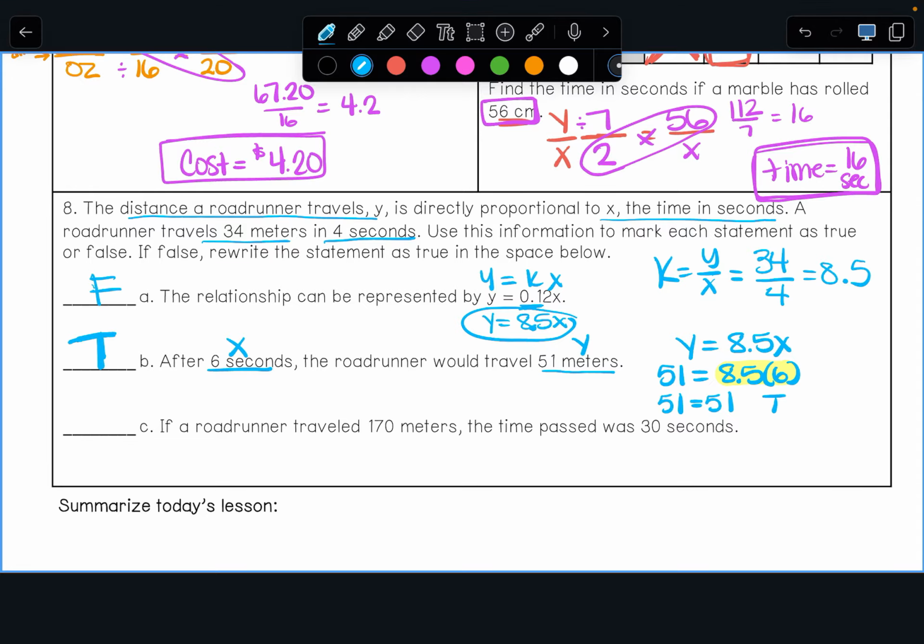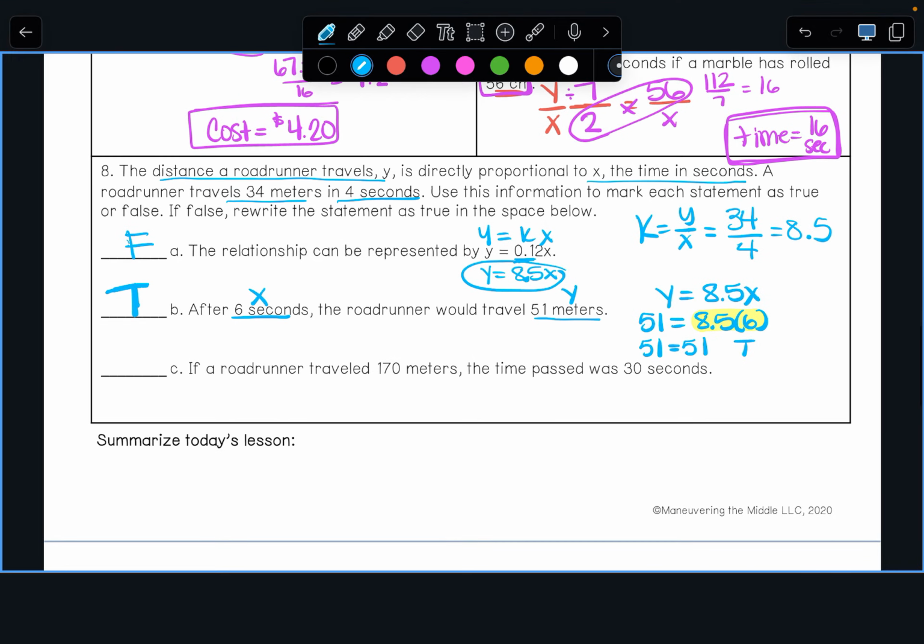If a Roadrunner traveled 170 centimeters, the time passed was 30 seconds. Well, meters is a y value, seconds is an x value, okay?